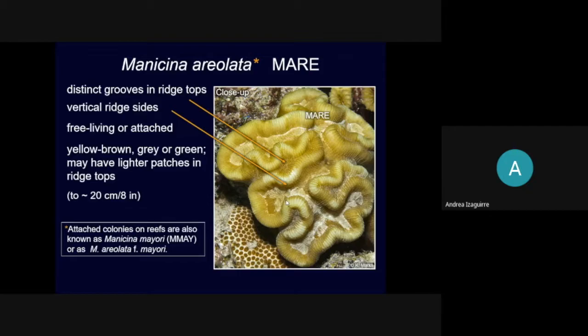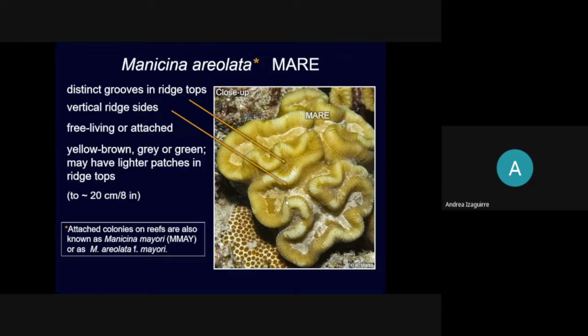Whereas the Colpophyllia natans that we were seeing before can reach up to like 4 meters, the entire colony, this one, the biggest colony that you'll find will be around 20 centimeters. So it's very, very small, to the point where we really don't see this one as much.